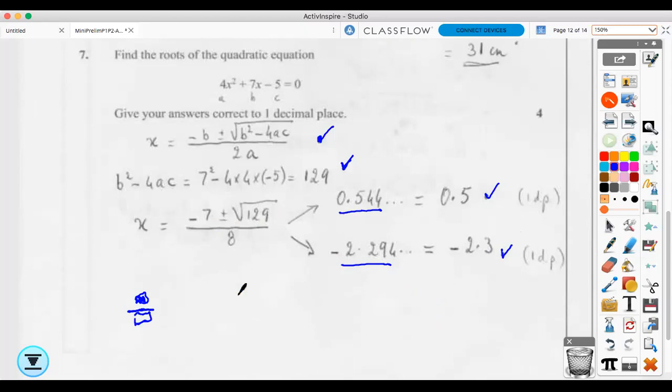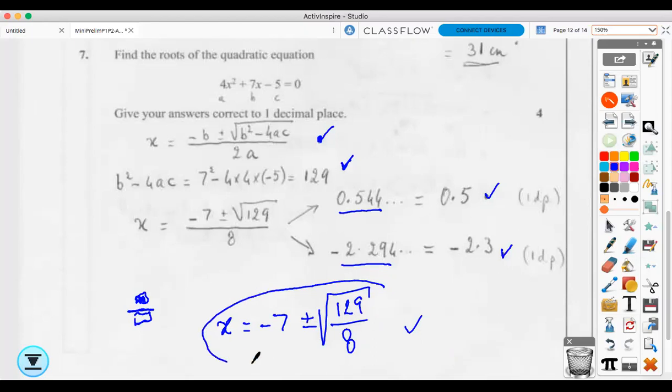So, common mistake. Someone went, oh, that's -7 plus and minus root 129, that would do. No, that is a completely different number than this. You're not going to get a mark with this, because if you type this in your calculator, you're not going to get this. So it's not too much asking.